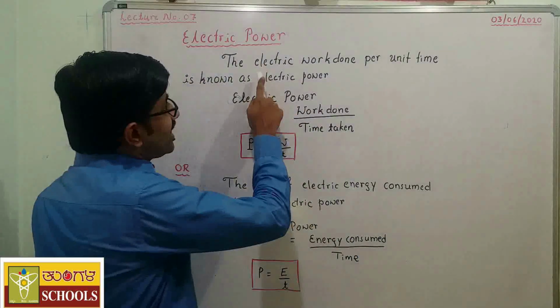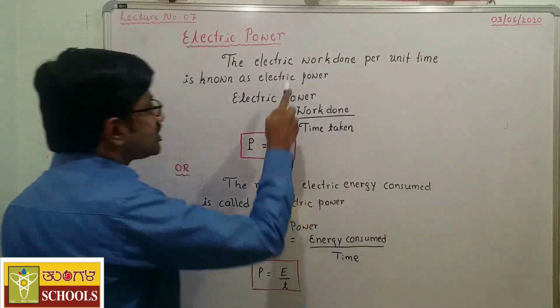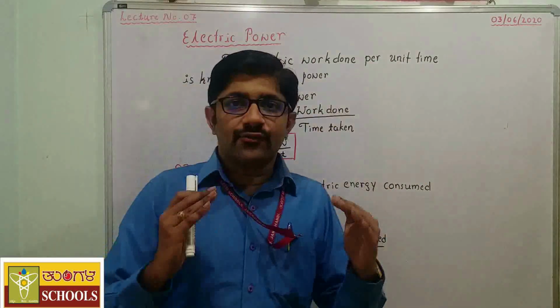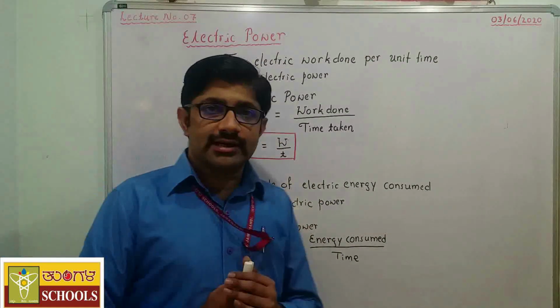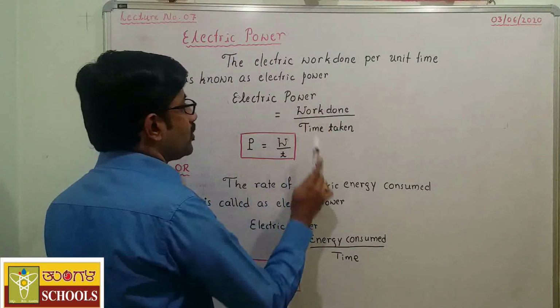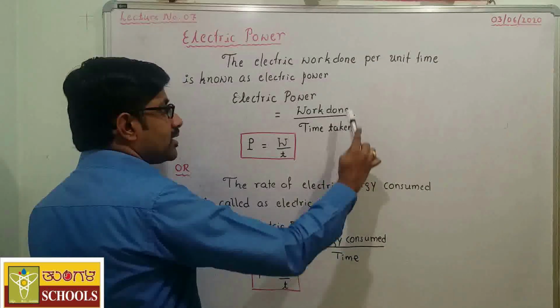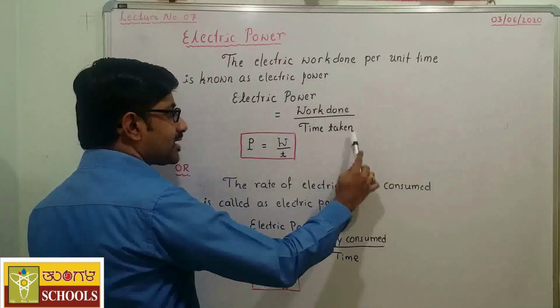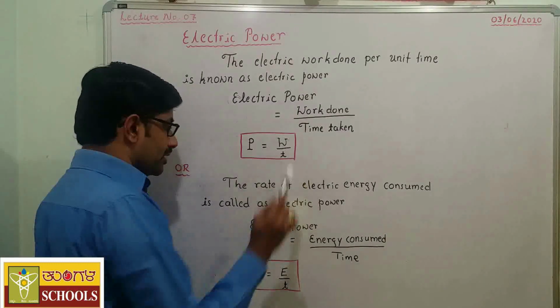So, that electric work done per unit time is known as electric power. It can be written as electric power is equal to the ratio of work done and time taken. It is also given by P equal to W by T.